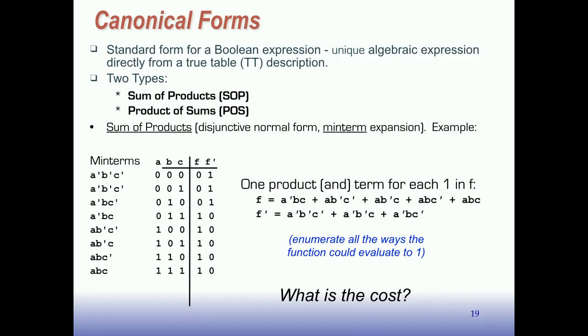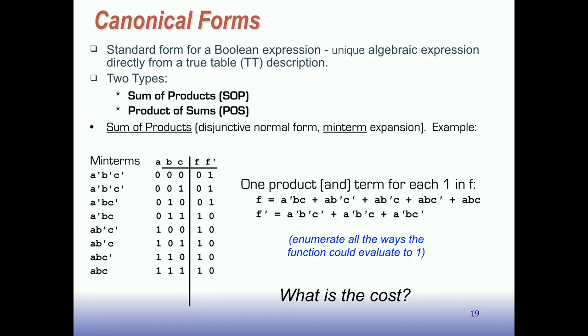In the canonical form, only one of those terms would be a 1 at any one time. So what I did is just enumerate all the places where this function is a 1. That min-term, or that min-term, or that one, or that one, or that one is a way to express this function.